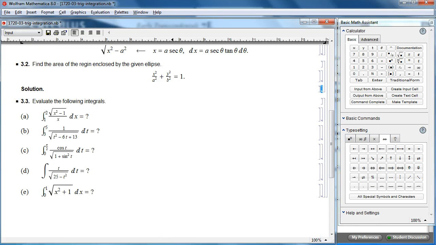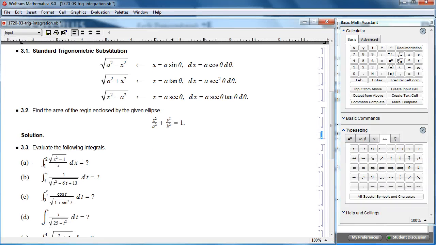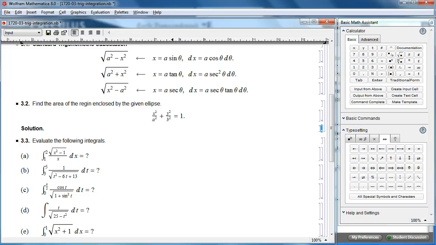Well, here goes the only important example. And the other examples are, what can I say, left to the student. You can open up some of those problems and then go through with those problems. Here I have x squared minus 1, so it's going to be secant. Here it's going to be a little bit more complicated, t squared minus 6t plus 13 in a square root.